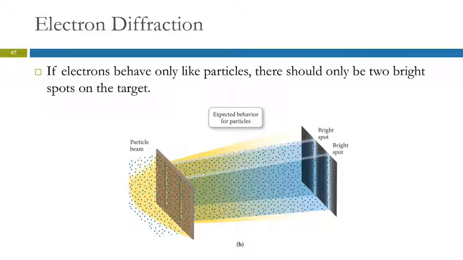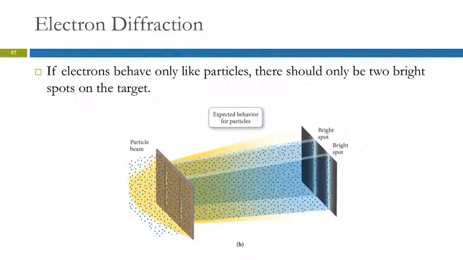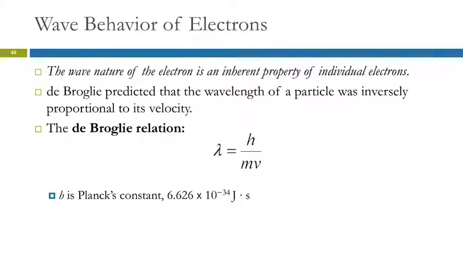That's something we understand. But what actually happens with these electrons, which are particles, is they form an interference pattern. So this demonstrates that they are also behaving like waves. The wave nature of the electron is an inherent property of that individual electron.